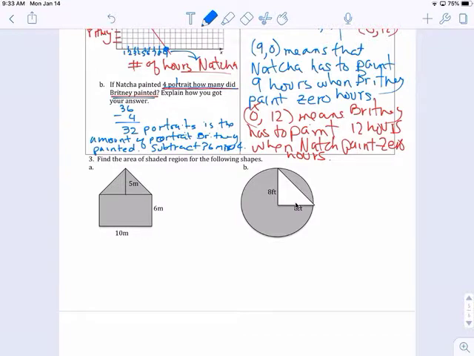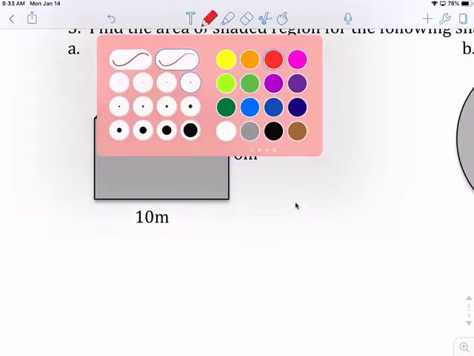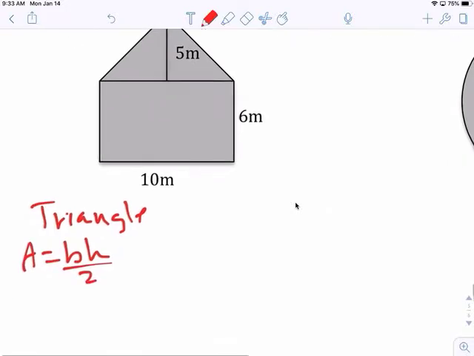Find the area of the shaded region for the following shape. All right, area of the shaded region. The first shape we see is a triangle. Base times height divided by 2. The base here is 10.